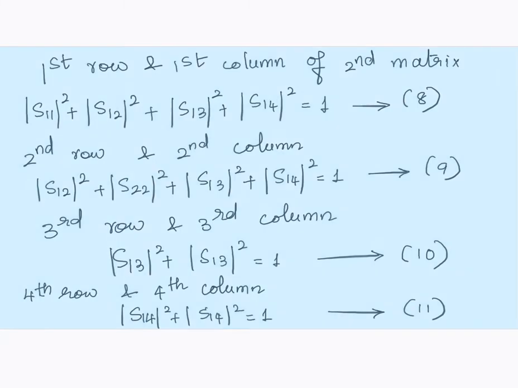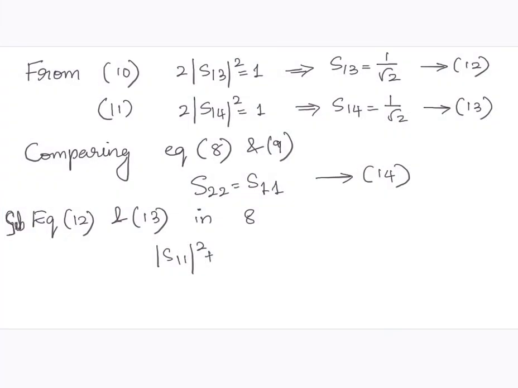When you consider equation 8, it is S11 square. So substitute for S13 and S14. So this can be written as S11 square plus S12 square plus 1 by 2. So 1 by root 2 square is 1 by 2, plus 1 by 2 equal to 1.